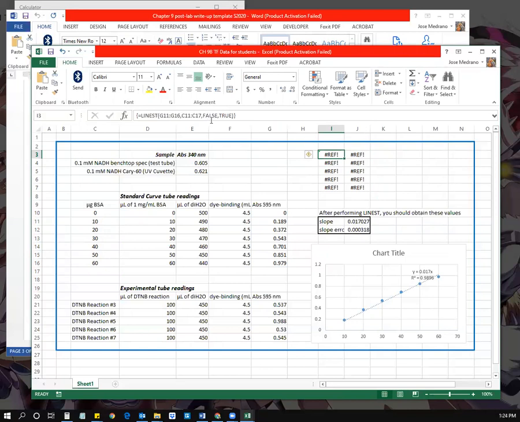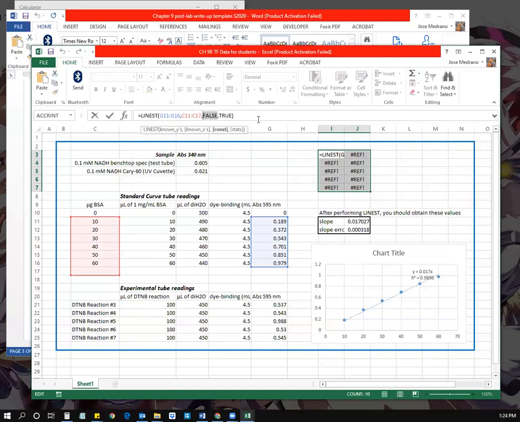I believe that I messed up in this part here. So in order to fix this, I'm going to re-highlight everything, go back to the formula, and I believe that what I want to do is probably not put false, but instead put 0. Maybe that's what I should have put. And then I'm going to hold Control, Shift, and hit Enter, and still didn't fix it.